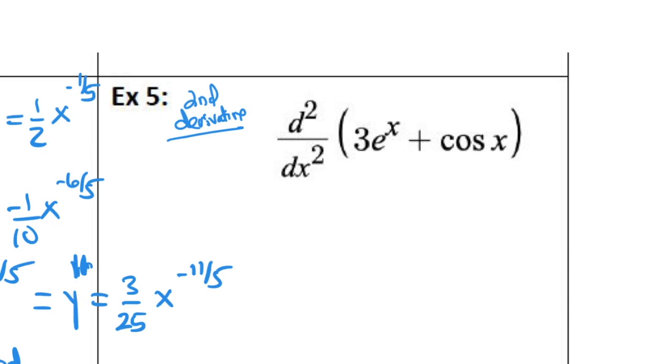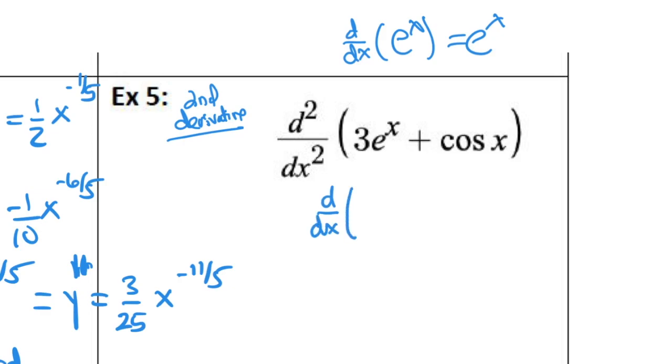Okay, so, and our sixth rule of the day, d dx of e to the x is e to the x. Now, if we find the derivative of the inside, but need one more, we write d dx. The derivative of 3e to the x is just 3e to the x.